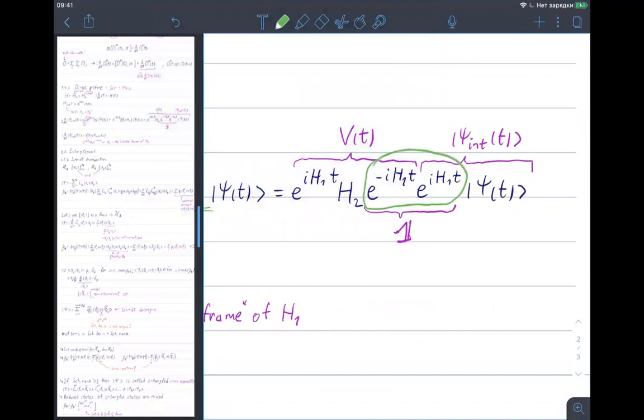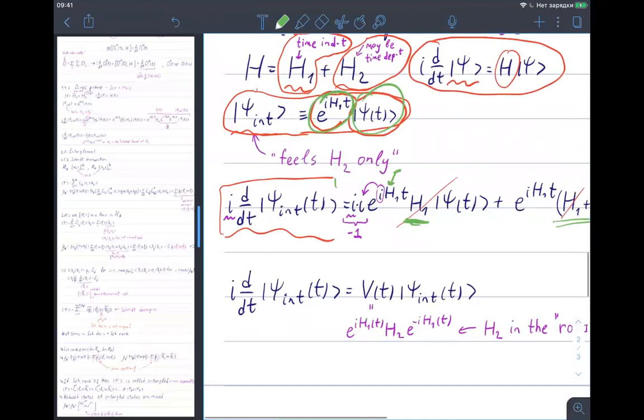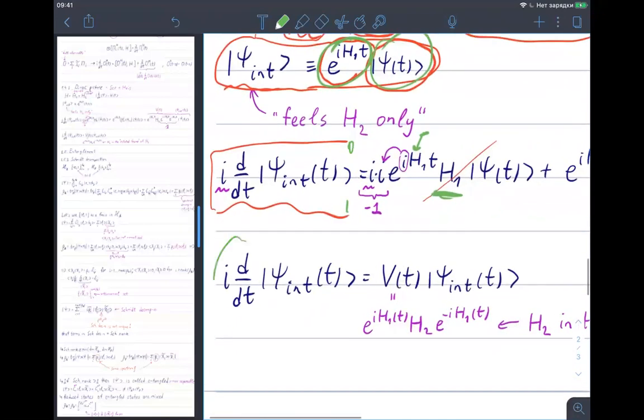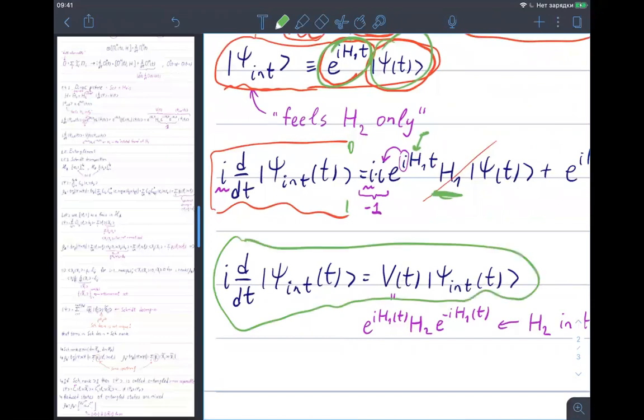We take this construction and denote it with some V(t). We see that this construction gives me back this psi interaction, and we're interested in psi interaction because we started from its derivative. So finally, we come to this expression. We see that our psi interaction evolves like in the Schrödinger picture.